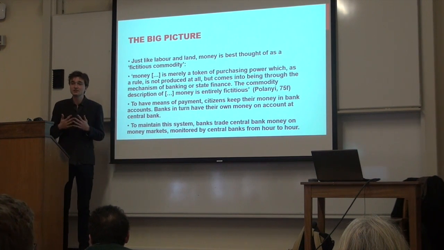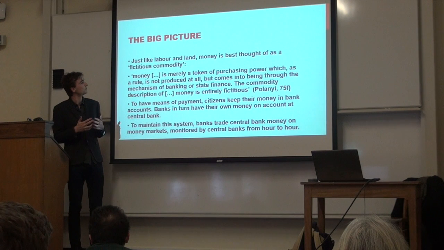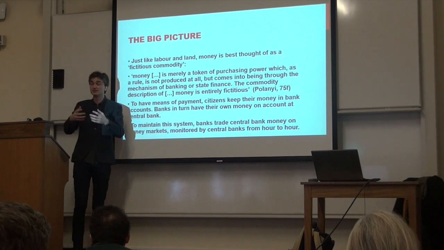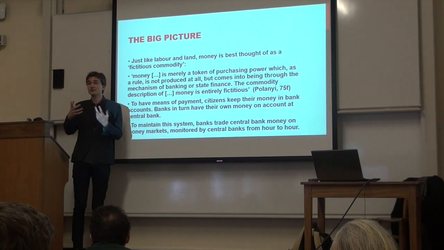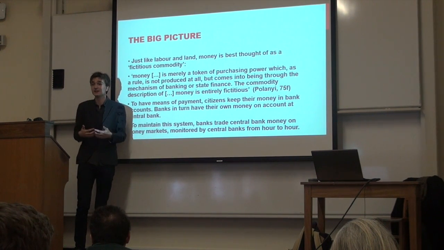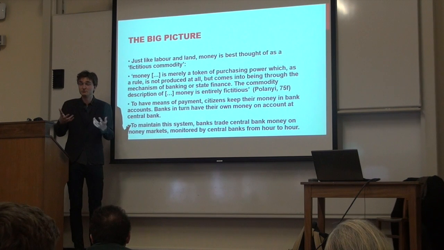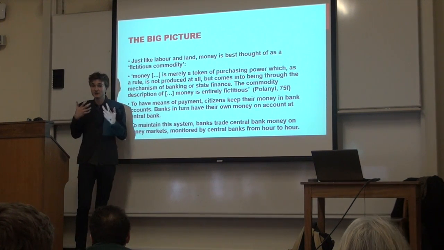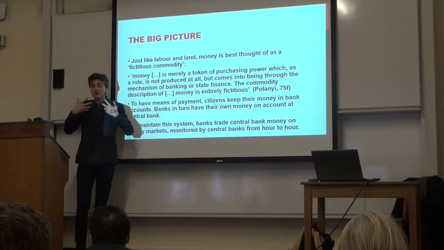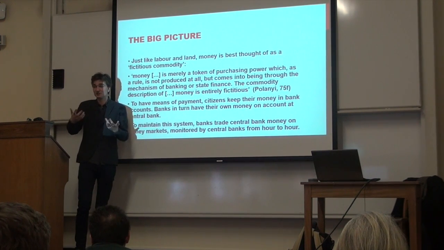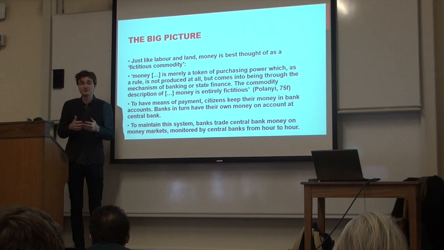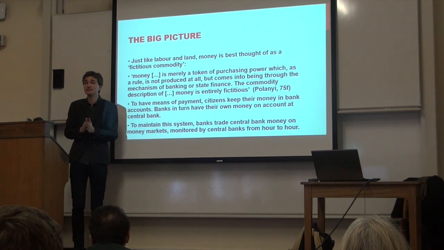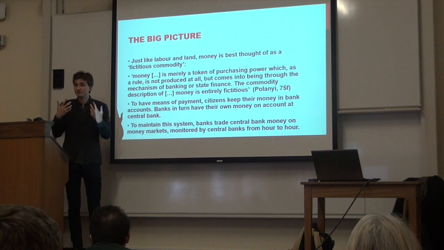So in previous lectures here, people have argued similar things for labor and land. Namely that they are fictitious commodities and that they are traded on markets where there are some interactions of supply and demand, but that in actual fact we think that their distribution and allocation are so important that we don't want supply and demand to steer that completely, and therefore in fact have a far broader range of institutional conditions in which that allocation happens, but that there is a strong emphasis on this commodity aspect, in part for ideological reasons, right?